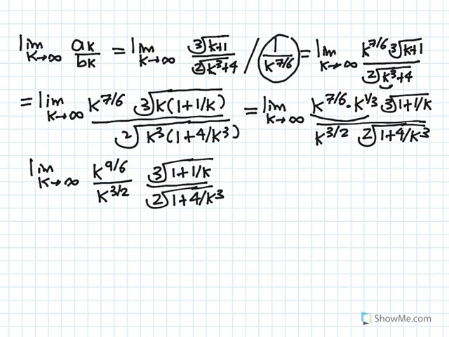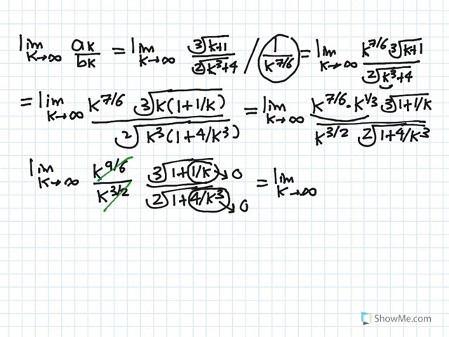Now, when we take the limit as k goes to infinity, 1 over k clearly approaches 0. 4 divided by k cubed also approaches 0 because you have a constant dividing by something that's going to infinity. So let's simplify this. Now, 9 over 6 is the same fraction as 3 over 2, so these two actually cancel out.